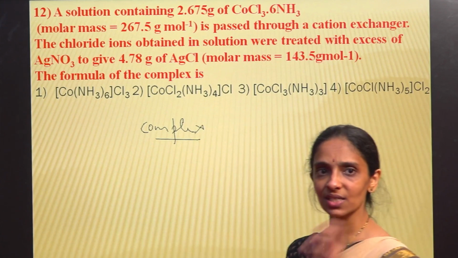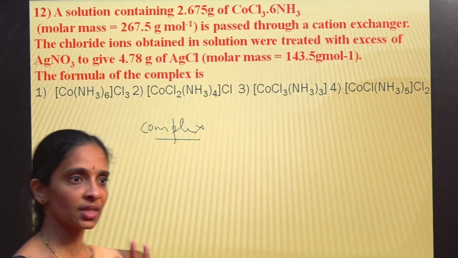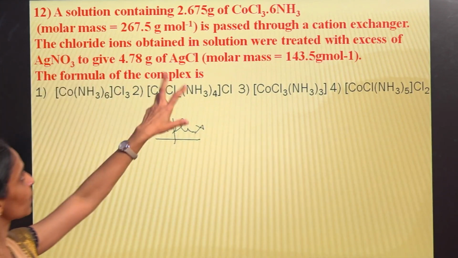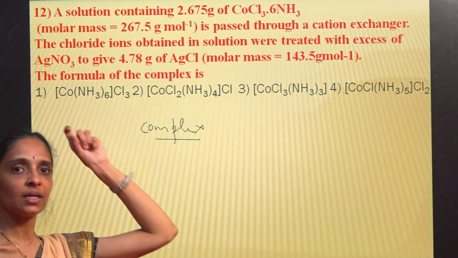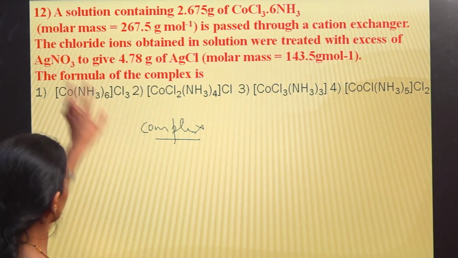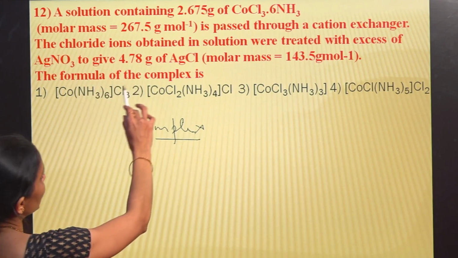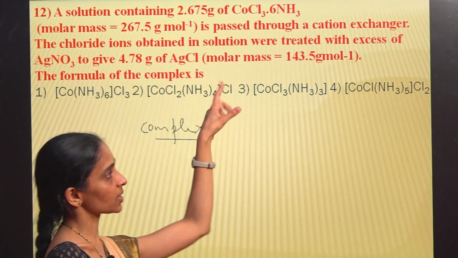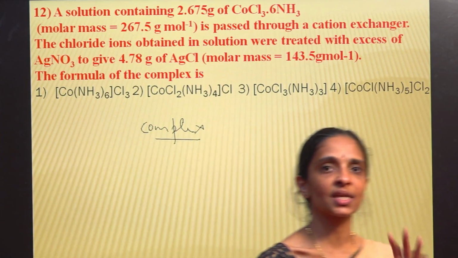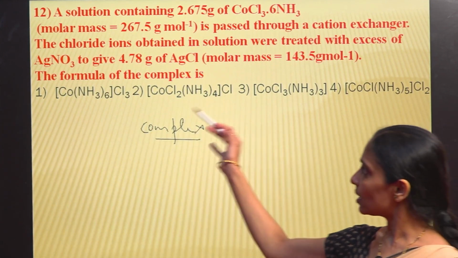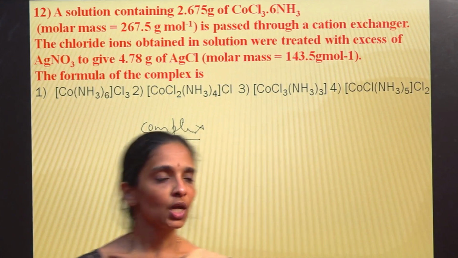That means there are some ionizable chlorines in the complex. If silver chloride formation is happening, then some ionizable chlorines are definitely present. We have to find out how many. Only then can we write the formula of the complex.